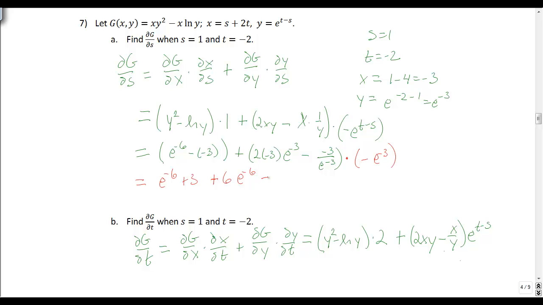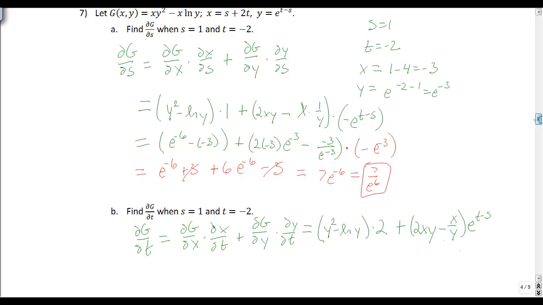That's negative. These e to the negative 3's will cancel. I'll just get a minus 3. So the minus 3's cancel, and it looks like when I'm done, I get 7e to the negative 6, which is 7 over e to the 6. So a nicer answer here, and before I just left this off because, I don't know, just missed it for some reason. Had it right here and just didn't write it down.